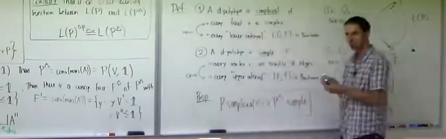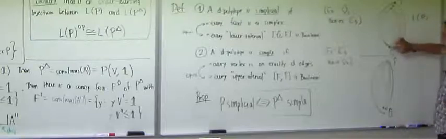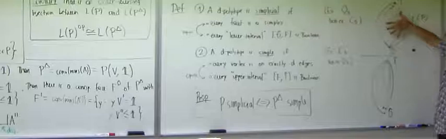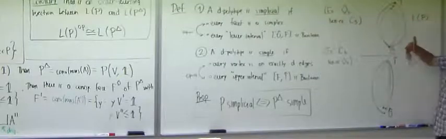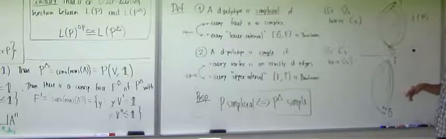And what's the reason for this? That if a polytope is simplicial, that means that the lower intervals are Boolean. So when you go to the polar, you're turning the poset upside down, and now lower intervals become upper intervals. Okay? So that means that the dual is simple, and vice versa.